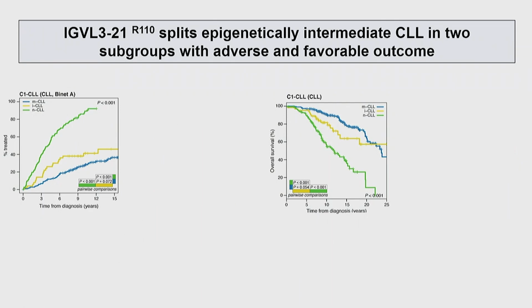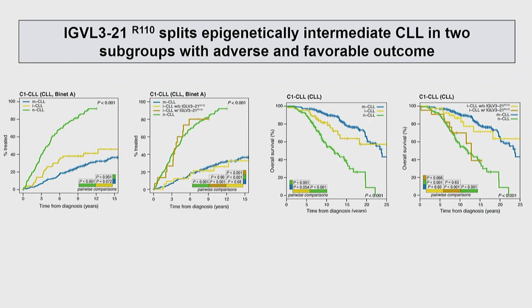Now when we look at these cases by methylation subtype, in yellow you see the intermediate group, with intermediate time to first treatment and survival. When we split the epigenetic intermediate cases into those carrying the R110 mutation or wild type for it, you see that this intermediate group splits, and the cases carrying the R110 really behave like the CLLs with unmutated immunoglobulins.